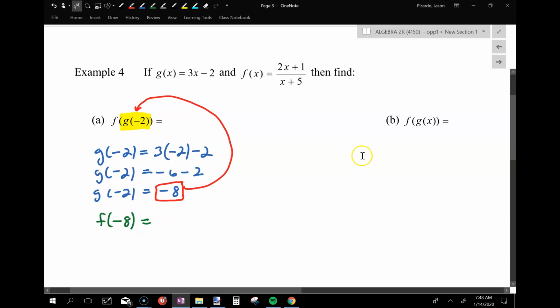All right, so now I got to go to this function and plug in, right? So that's going to be 2 times -8 plus 1 over -8 plus 5. That gives me -16 plus 1 is -15 over -3 or 5.